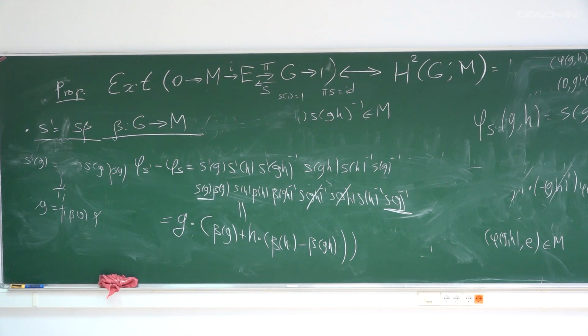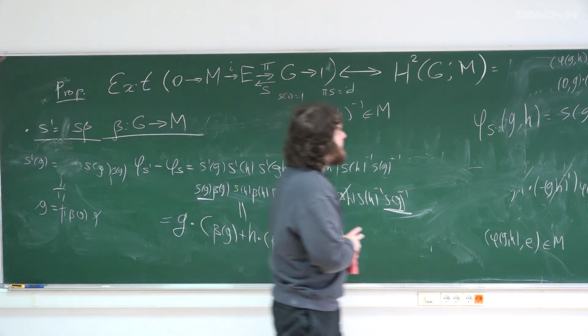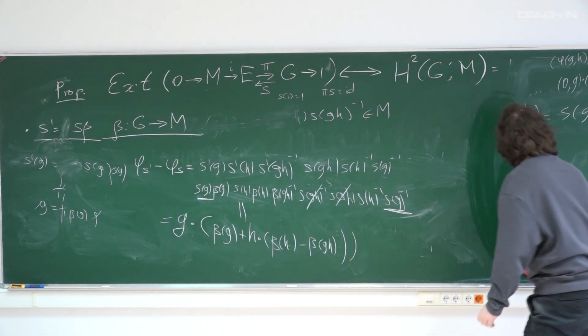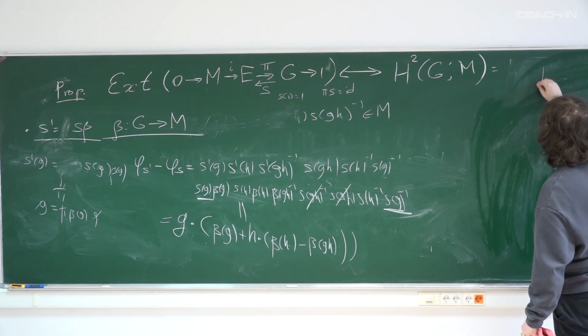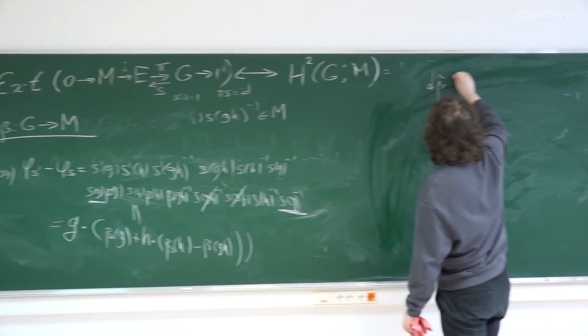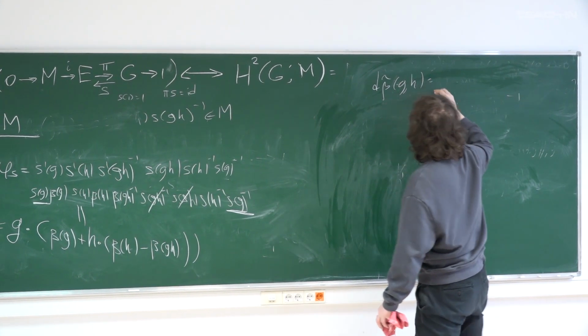It's not exactly the coboundary of beta, because the coboundary of a one chain is this thing.